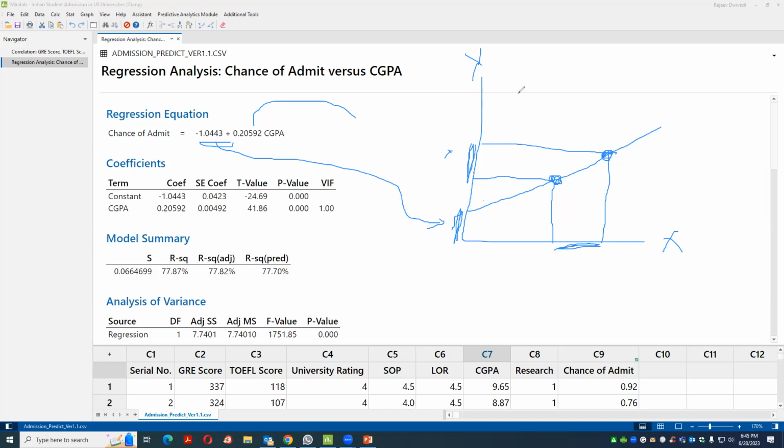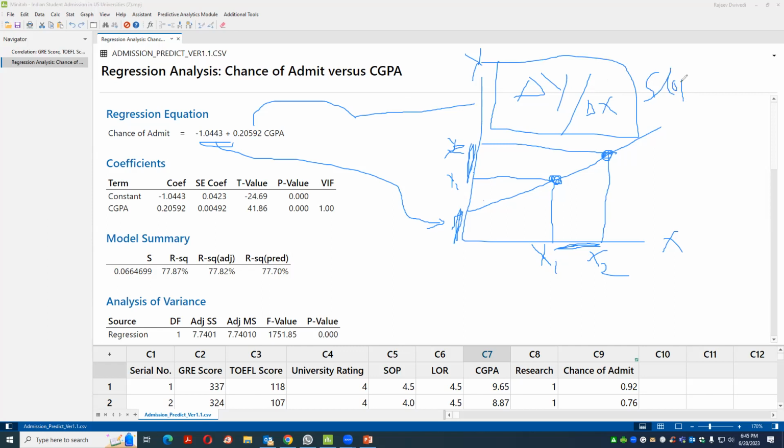The difference in y, the y2 value minus the y1 value, divided by delta x, the difference in x, the x2 value minus the x1 value, is called the slope. It is also known as the gradient.